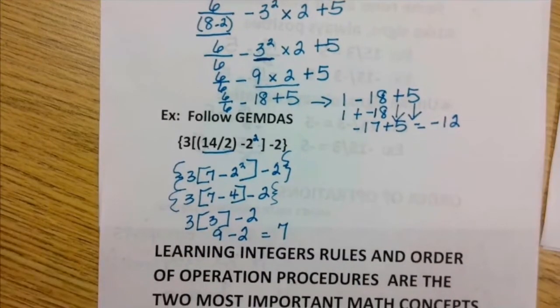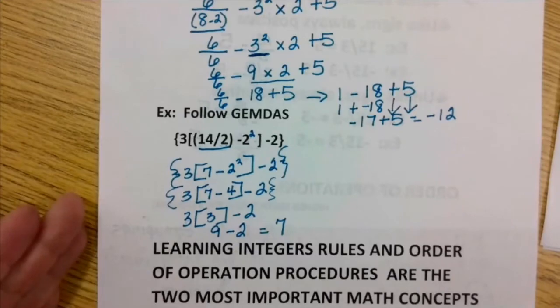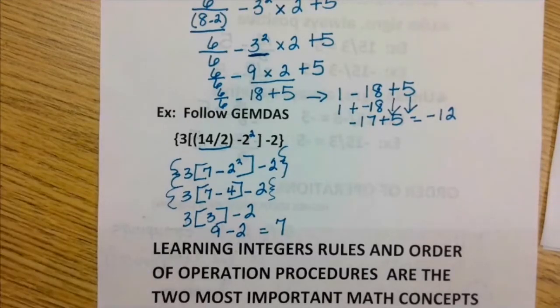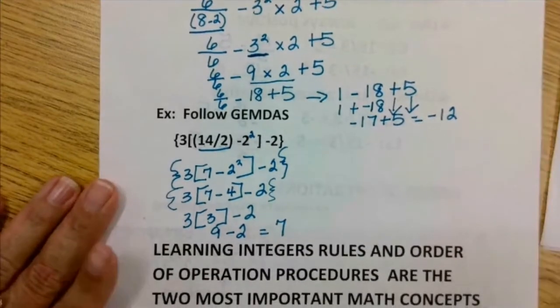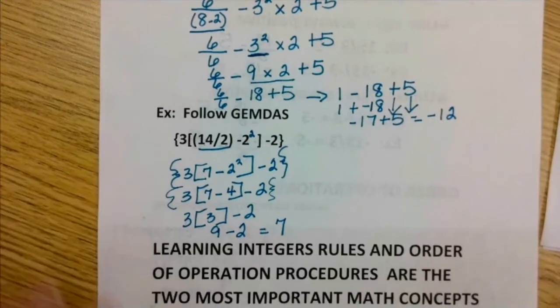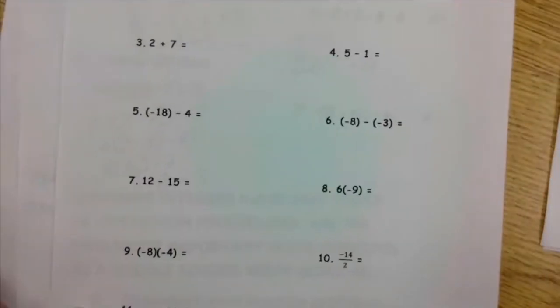You just have to remember to follow all of the rules in doing your parentheses and then your brackets and then your braces. You're working inside out, okay? Now, on your downloads, you're going to have a paper that is just practice on adding, subtracting, multiplying, and dividing integers.